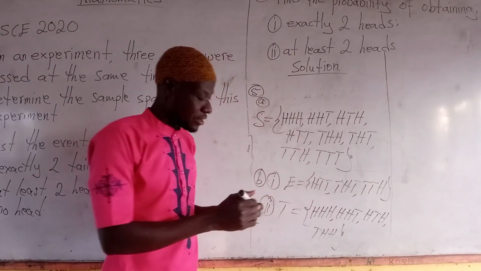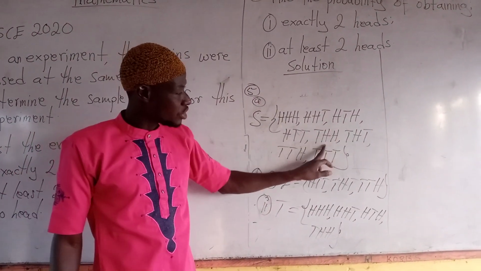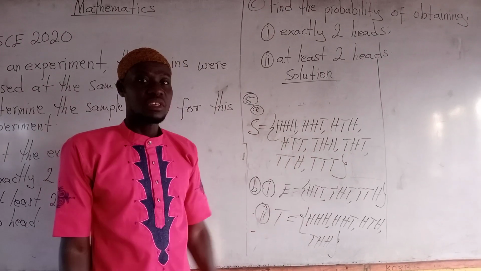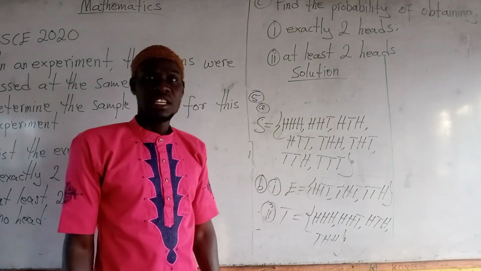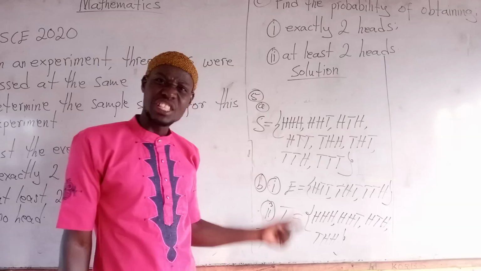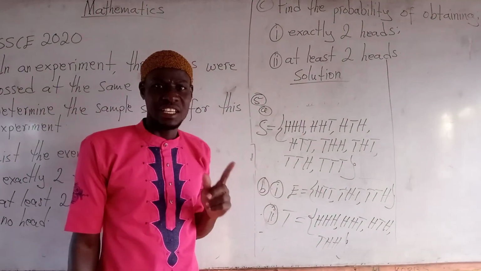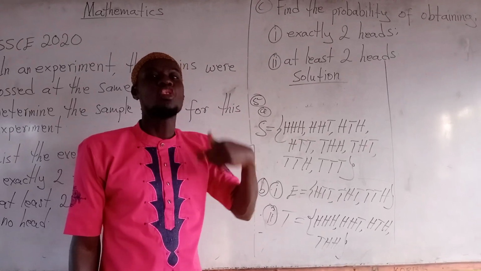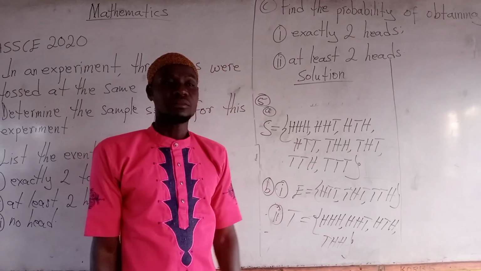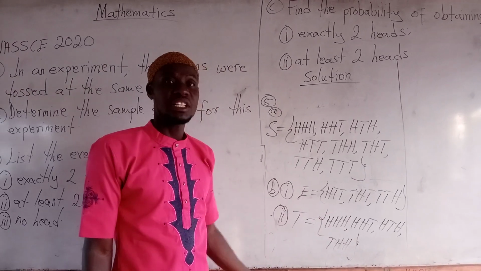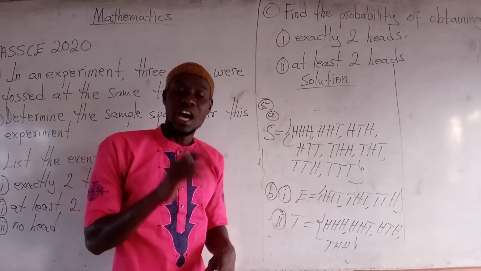If you look through, the remaining points don't contain 2 or more heads. So this will be the event for tossing at least 2 heads. At least 2 heads, as I said earlier, means 2 heads or more. And so you have 1, 2, 3, 4 as our sample points representing the event for tossing at least 2 heads.